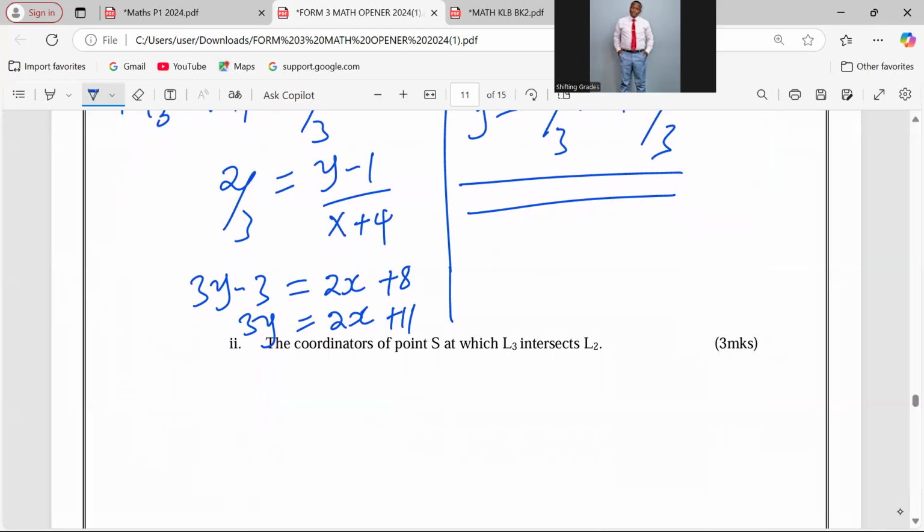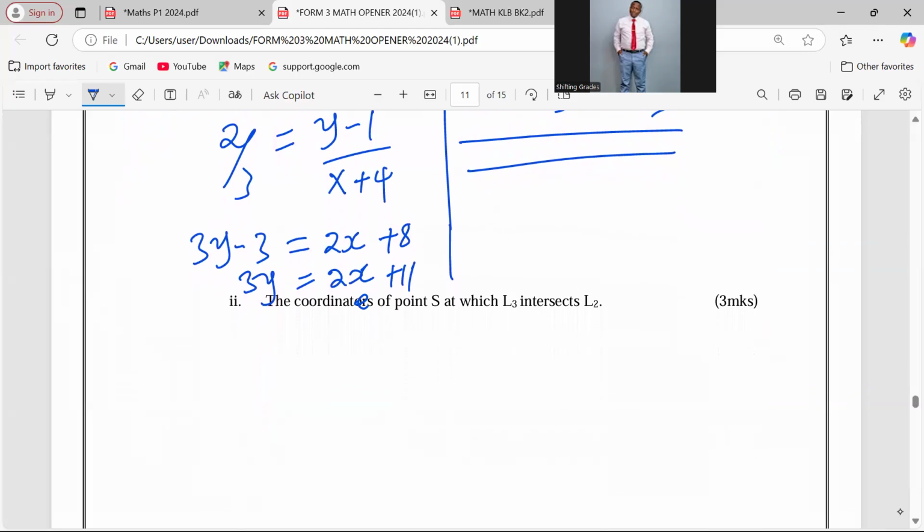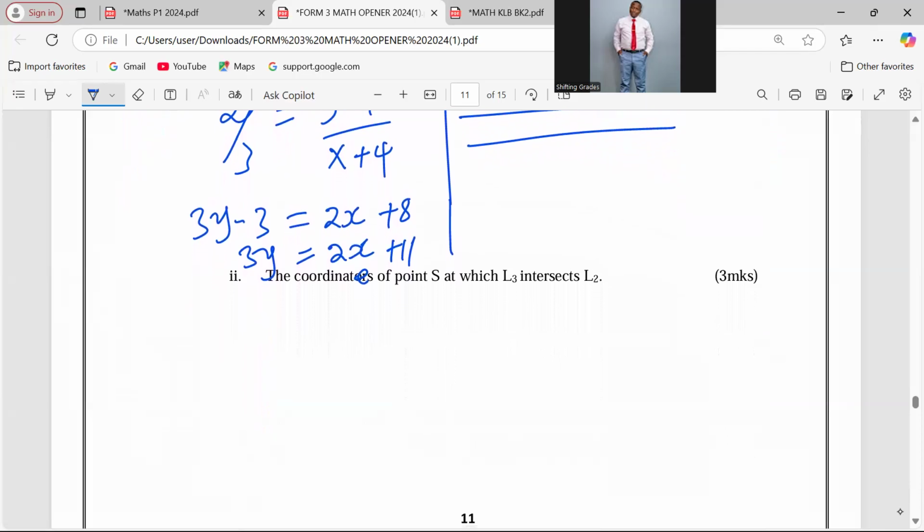Find also the coordinates of S at which L3 and L2 intersect. The point of intersection of two lines. Do you remember in Form 1, when you were talking about graphs of straight lines, you said in case two lines are drawn, they will intersect and they give us the simultaneous solution to the respective equations of those lines.